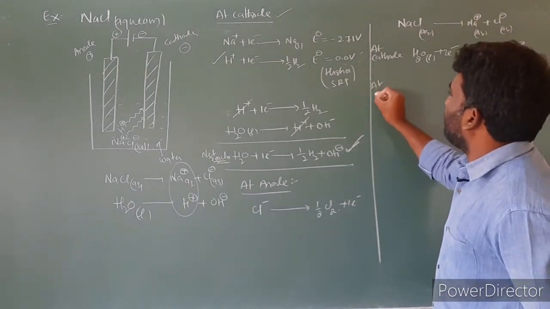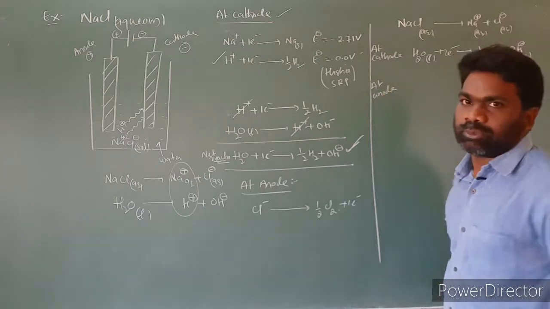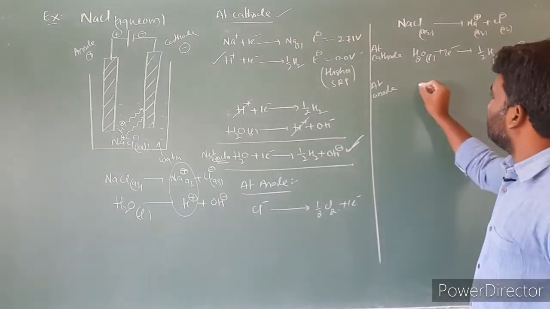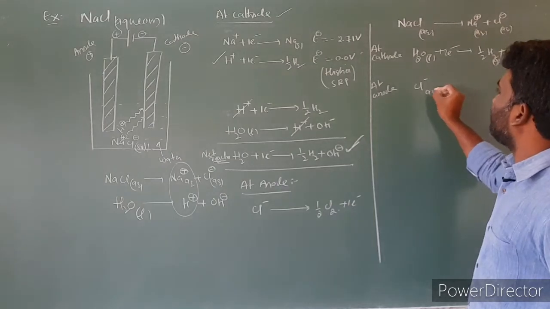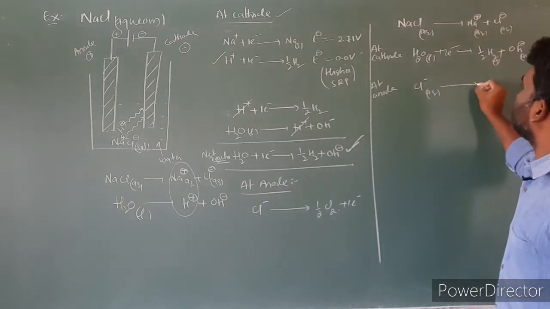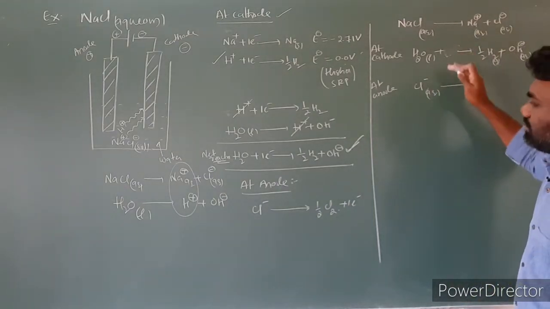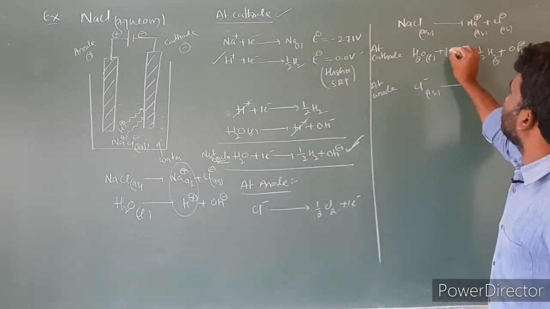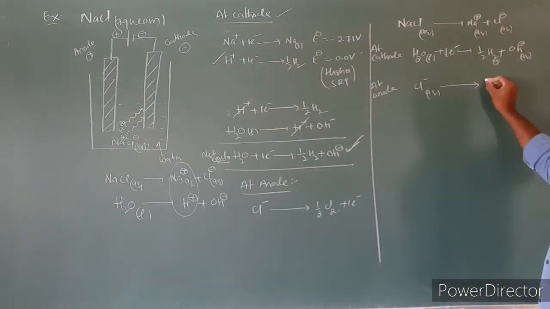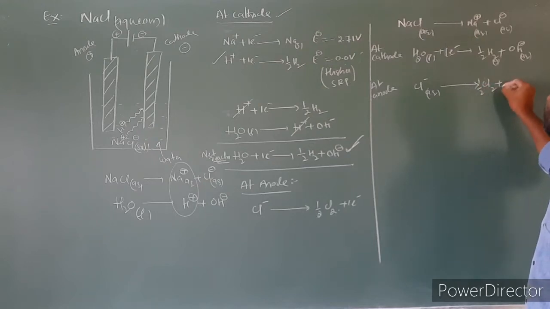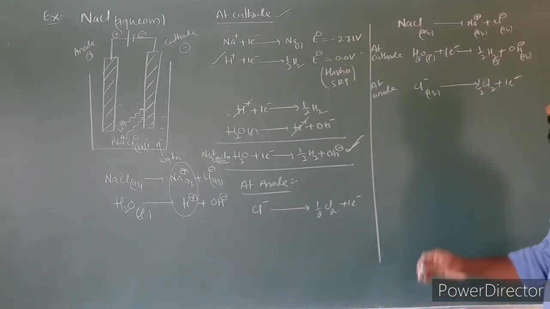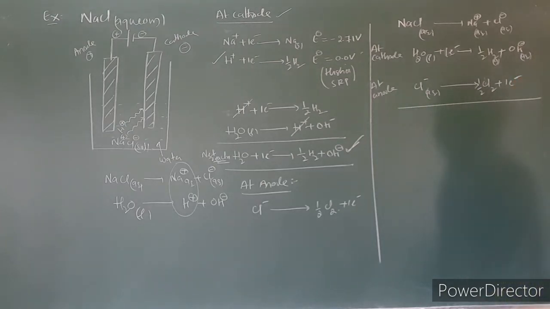Next at the anode, what is the product at the anode? Cl minus, from aqueous, loses 1 electron. You will get half Cl2 plus 1 electron. Net reaction, we have to write the net reaction.